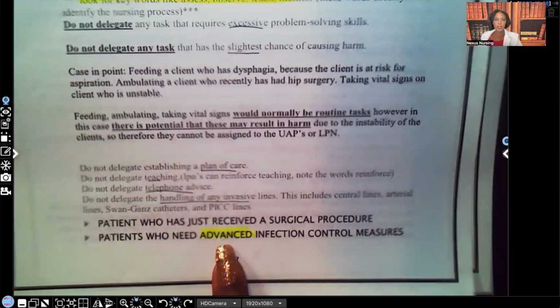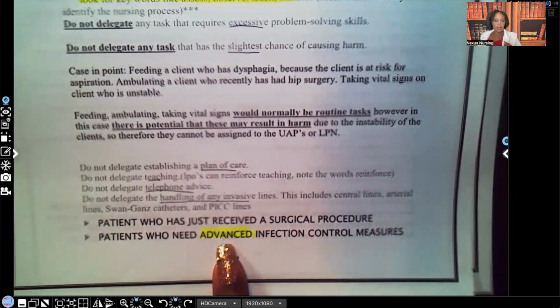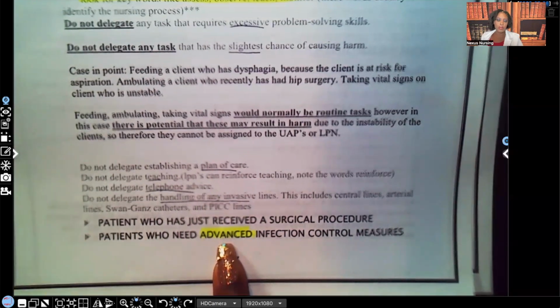Why do you think they put this descriptive word in front of infection? Advanced infection control measures, because as a nurse, RN or LPN, even CNAs, we all do prevention control measures, but advanced infection control measures, you, the RN, you keep those type of patients.